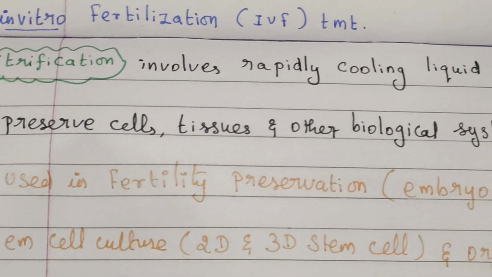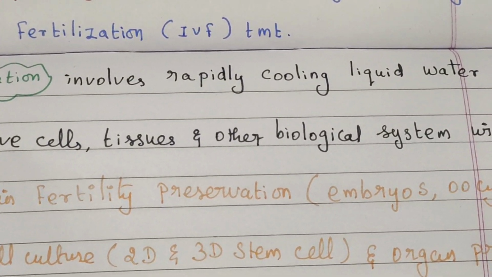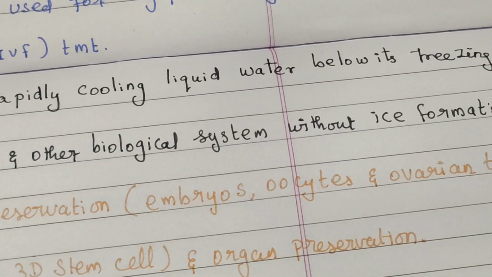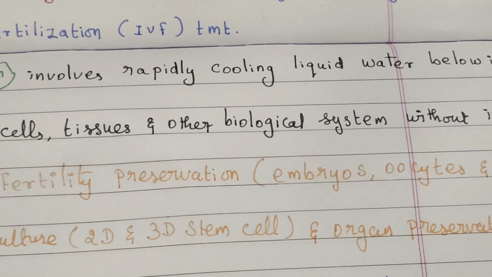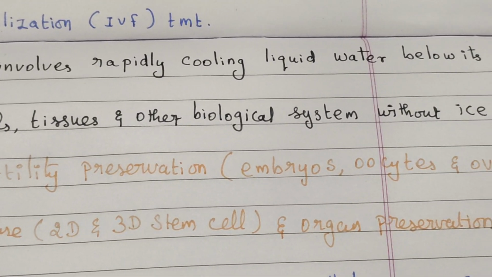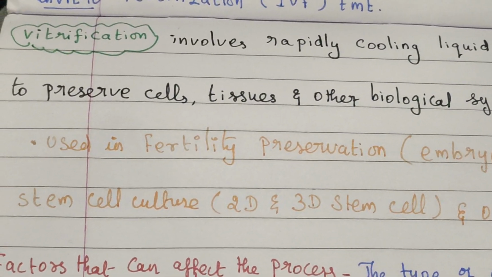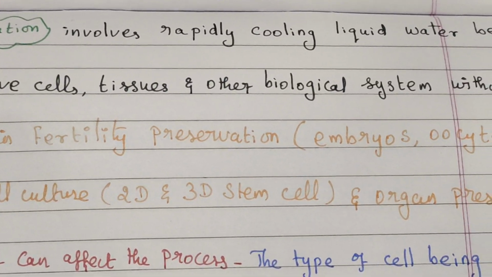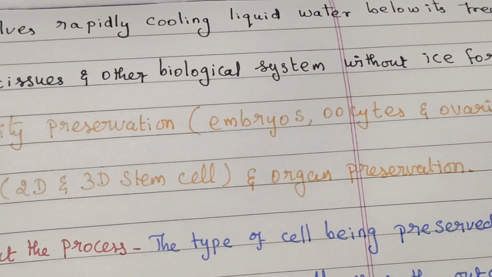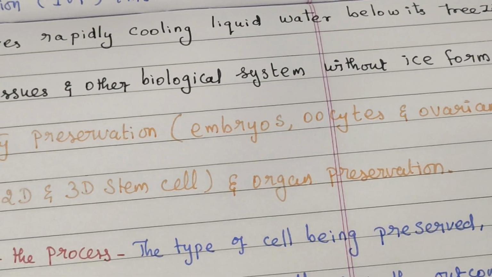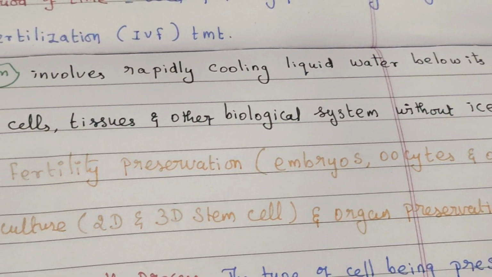Then the vitrification method involves rapidly cooling liquid water below its freezing point to preserve cells, tissue and other biological systems without ice formation. So it will store without ice formation.